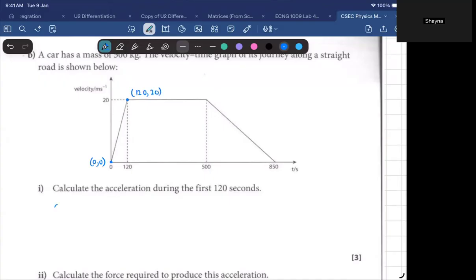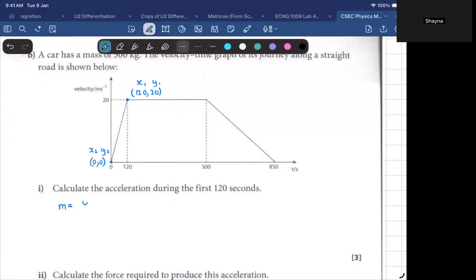Right, so acceleration would be equal to the gradient, which would be y2 minus y1 over x2 minus x1.